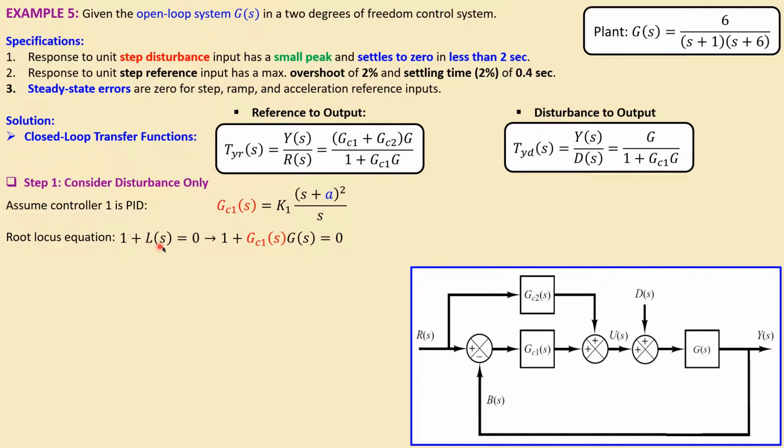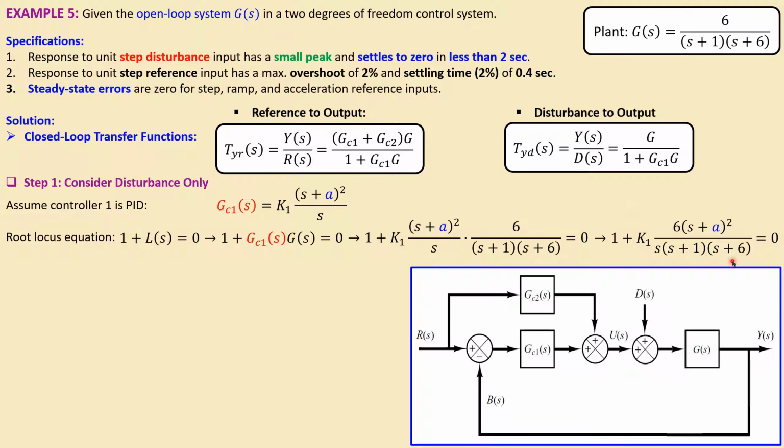The loop transfer function is GC times G, which is shown here. So the characteristic equation equal to 0 is the root locus equation. Now, substituting what we have for the controller and also our plant, you will get this expression. Simplifying this even more, such that we have only one fraction, you will get this expression.